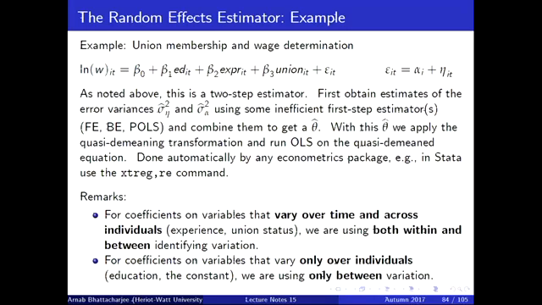In Stata it is the default. If you do panel data regression, the command for ordinary least squares is regress. For panel data it is very similar, xtreg, xt standing for panel data commands, and the default is GLS random effects.